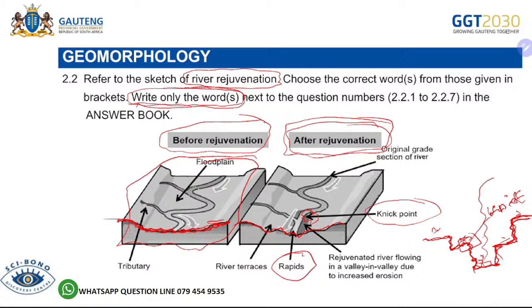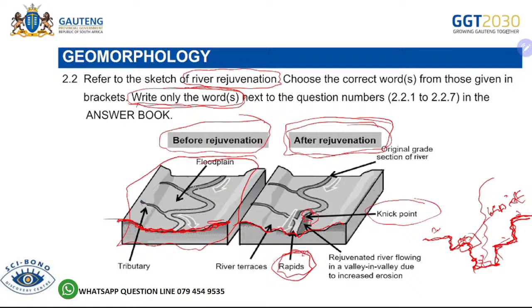So the water flowing within the river channel would be flowing on an uneven surface, and this would result in the development of those rapids. It's just formed over a sudden drop of the surface. It wouldn't look as high as a waterfall. If it's a waterfall, it would look much more elevated.